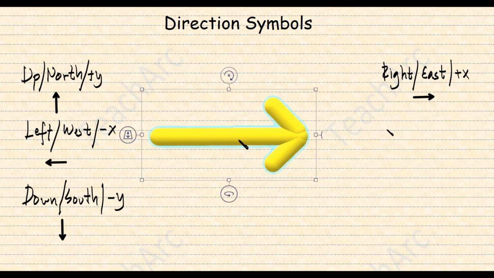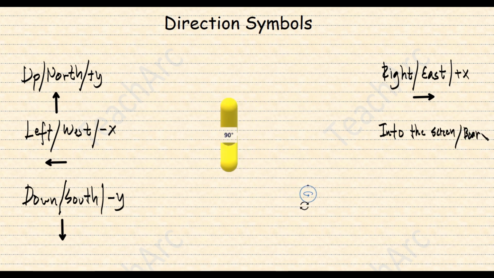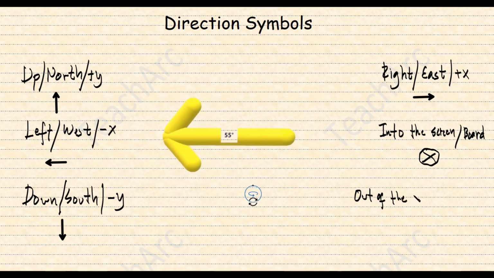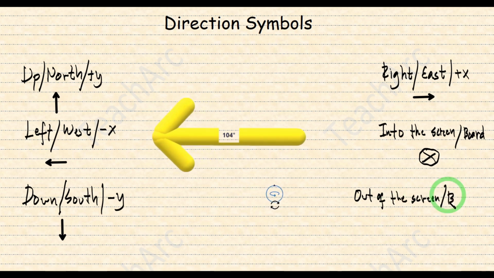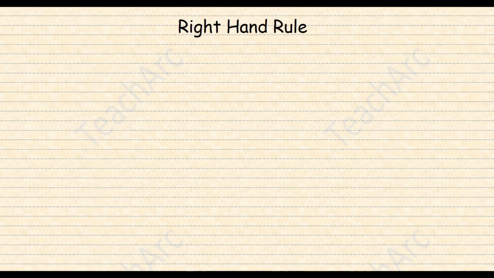For three dimensions, we have an X mark inside a circle to indicate a direction pointing into the board, into the paper, or in our case, into the screen. For out of the screen or out of the board or paper, we will use a point inside a circle. The point inside the circle symbolizes the head of an arrow, while the X mark symbolizes the tail of the arrow.